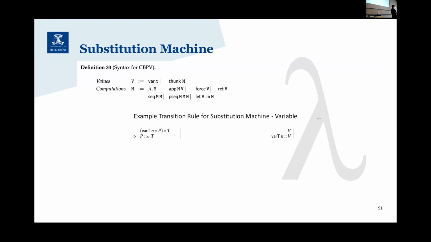And one example here being the reduction for the variable case. So when we see a variable on top of the task stack, we put this variable into the value stack straight away, and then we continue evaluating the rest of the programs.